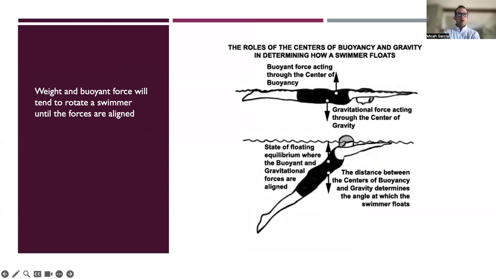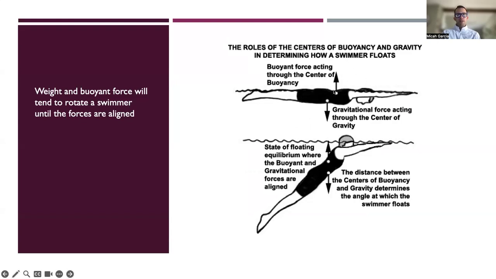So again, you've got your weight and your buoyant forces, which are going to tend to rotate a swimmer until the forces are aligned. If someone's sprawled out in the water, weight is acting through the center of gravity, which is inferior to the center of buoyancy, and it's going to cause a clockwise rotation.